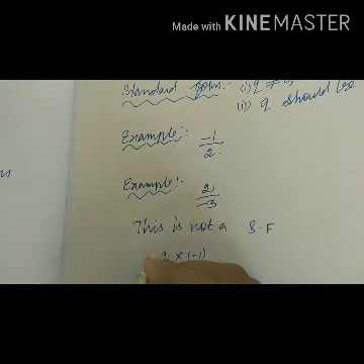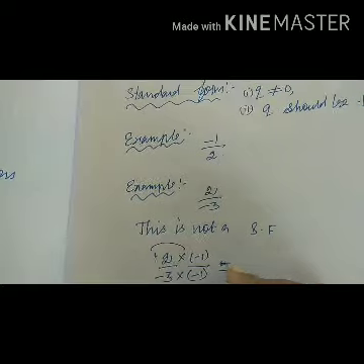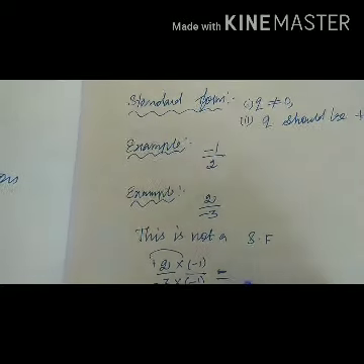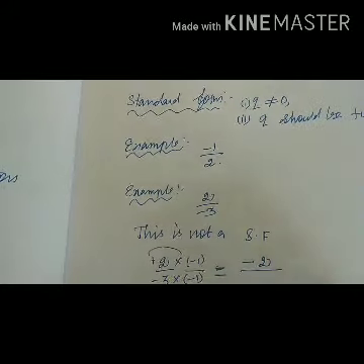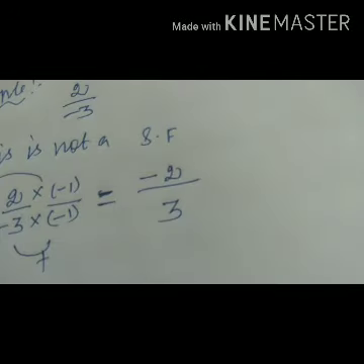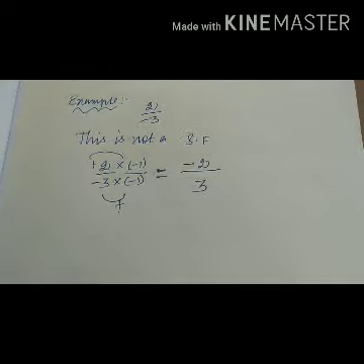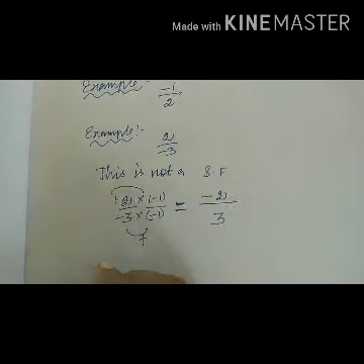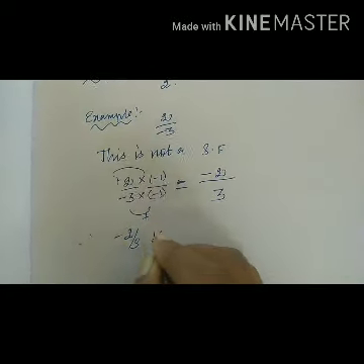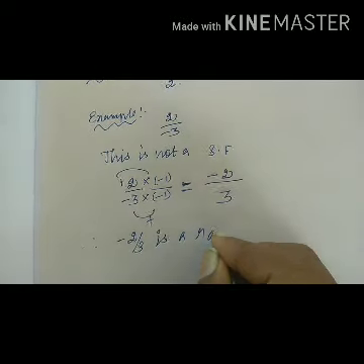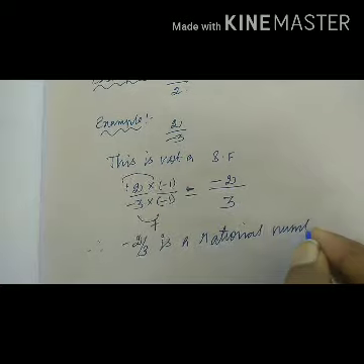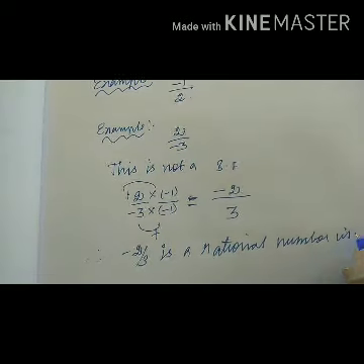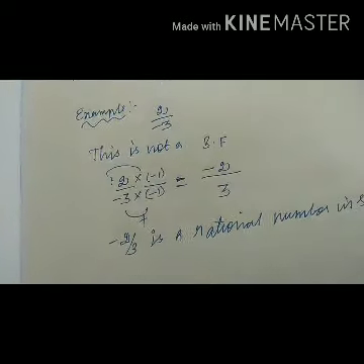Plus into minus, minus 1 into 2 gives minus 2. Minus into minus gives plus, that is 3. Now this number becomes minus 2 by 3. Therefore, minus 2 by 3 is a rational number in standard form. Clear?